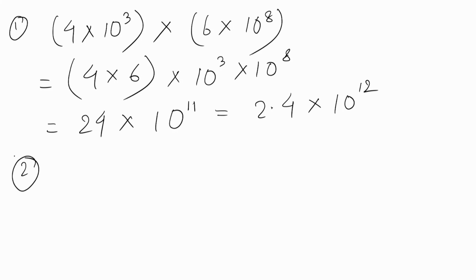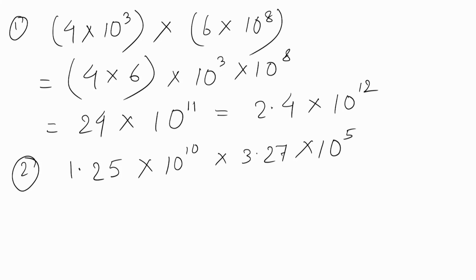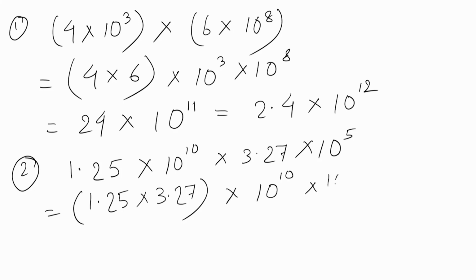Now there is another example, say 1.25 into 10 to the power 10 into 3.27 into 10 to the power 5. So we take 1.25 into 3.27 into 10 to the power 10 into 10 to the power 5.